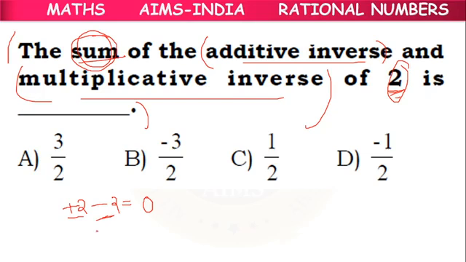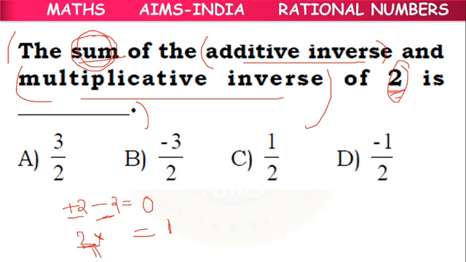Next, multiplicative inverse. What is the multiplicative inverse of 2? Multiplicative inverse means if we multiply with what number, the result will be 1. If I write 2 as a rational number, we can write it as 2 by 1.